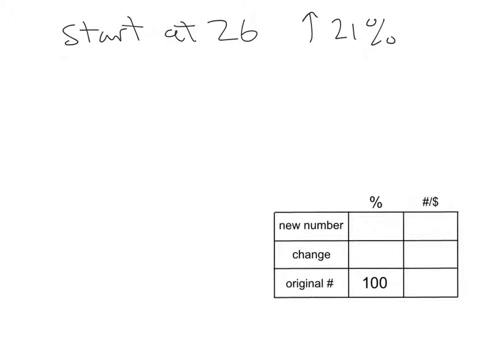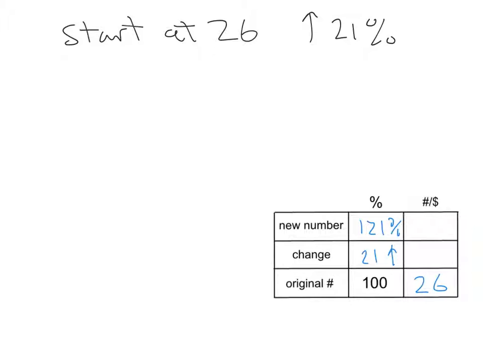So that means we know that the original starting number is 26, and we also know that the change on the percent side is 21, and I'm going to write a little up arrow to remind ourselves that we're going up. And that means if we're going up 21% from 100%, we should land on 121% as our new number.